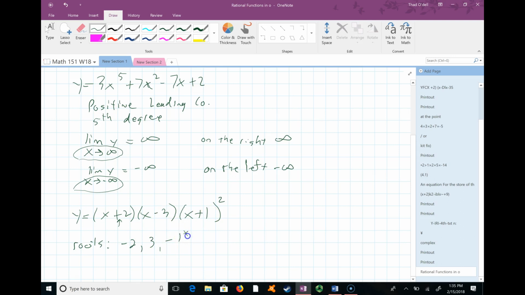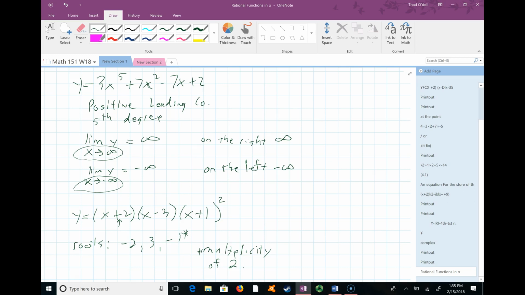And there's something special happening with negative 1. We say it has a multiplicity of 2, because the factor that produces negative 1 occurs twice. And remember, there's something special that happens when it has a multiplicity of 2.